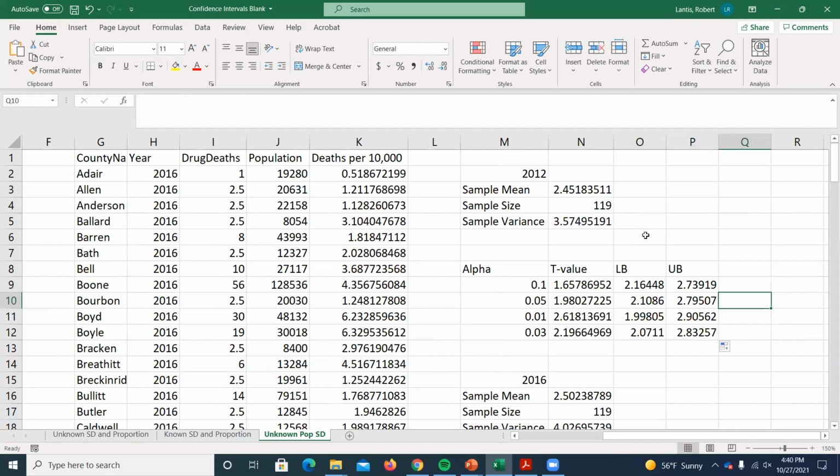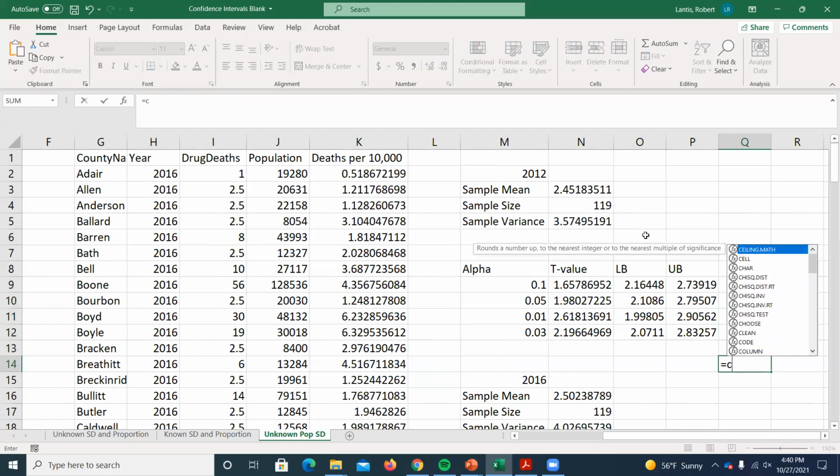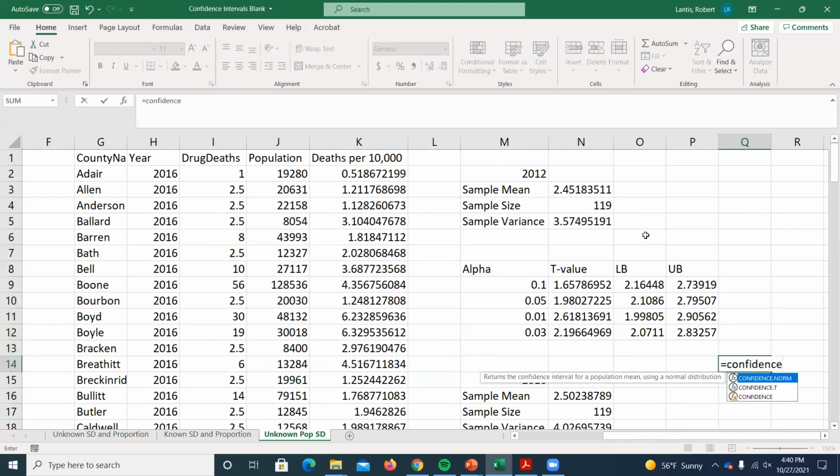There are these confidence.norm and confidence.t functions. I don't teach them to you for a reason. I think they're a little more tricky than if you just construct this on your own.